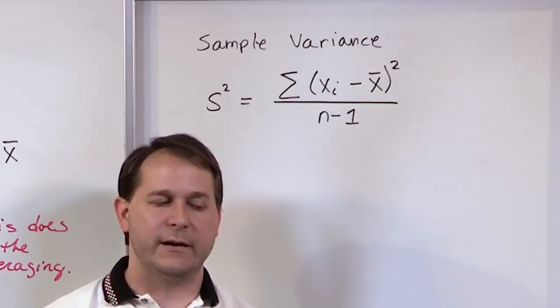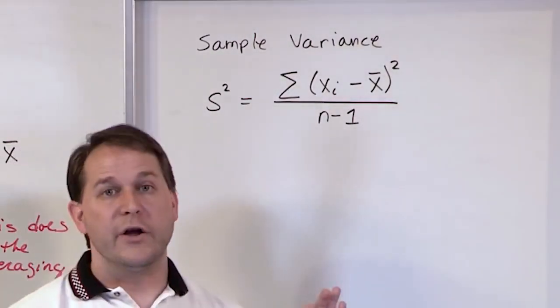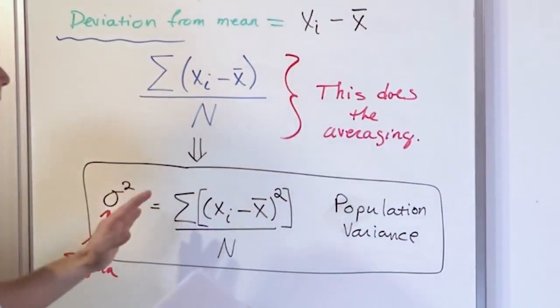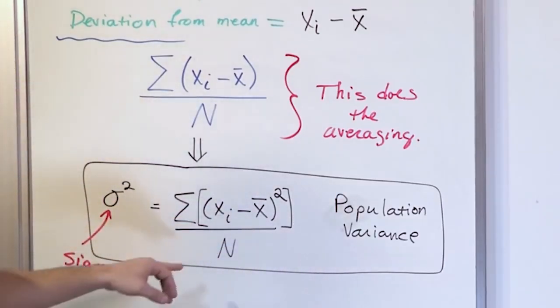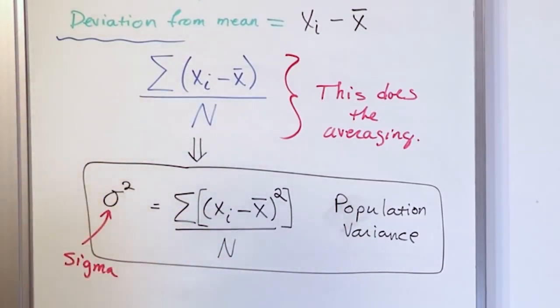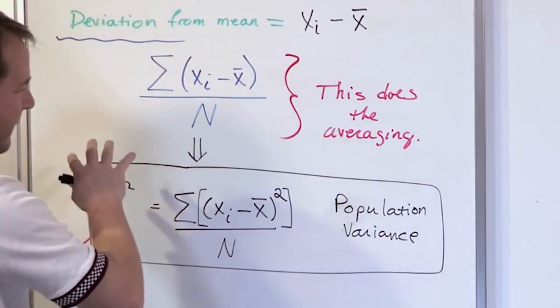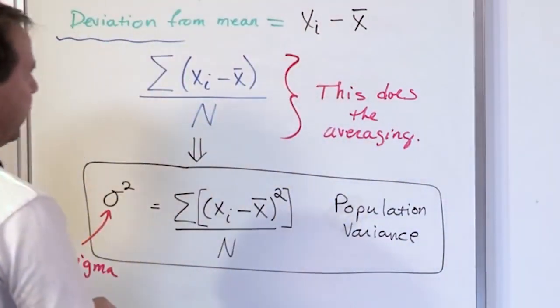What you need to remember is that when you have a sample, a finite set of samples, you have n minus 1 on the bottom when you're doing this calculation. When you have the entire population at your disposal, and for some reason you knew all the data points in the population, then you would divide by n, the total number of people in the population. Now one thing I need to modify here: I showed you all this stuff because I was trying to make it really clear for you.